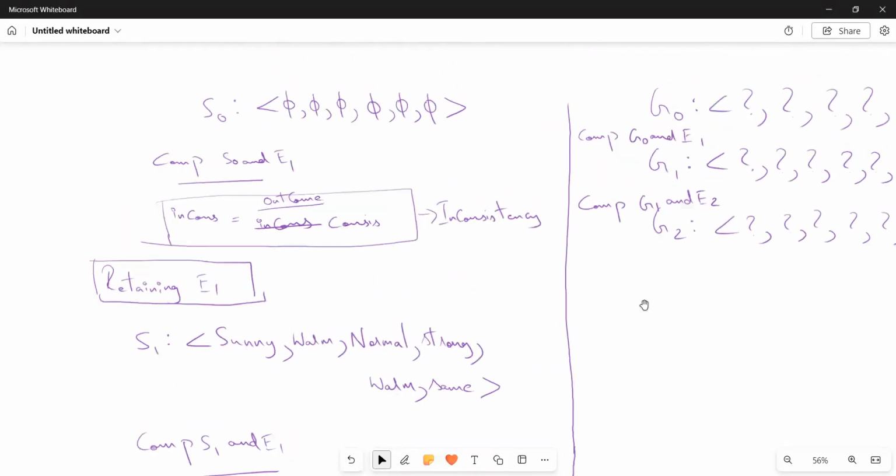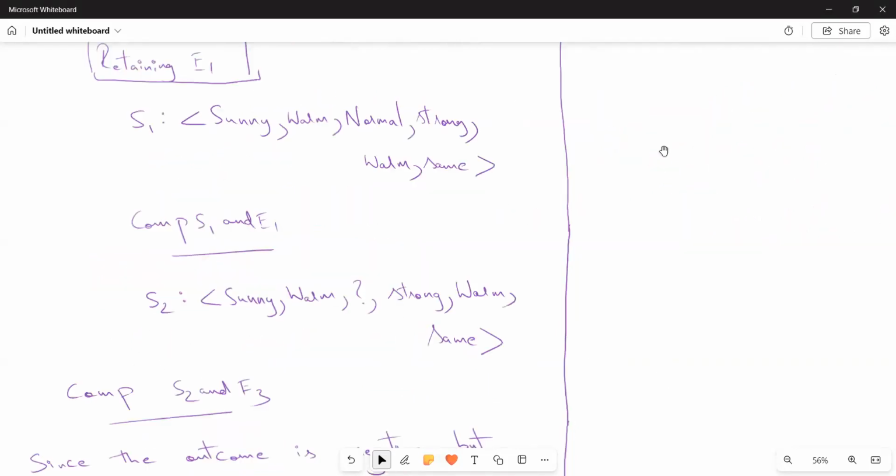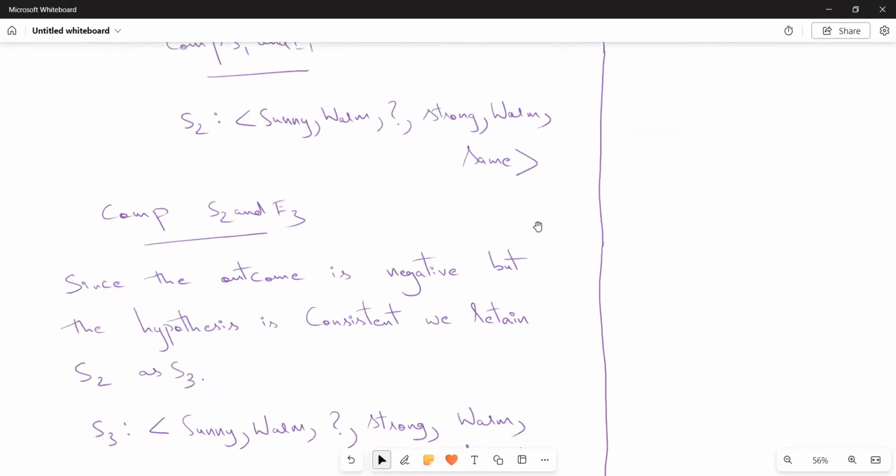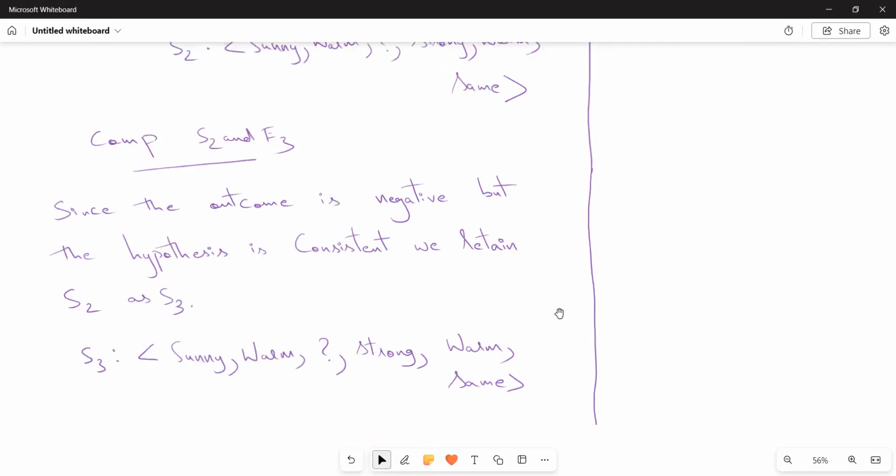Because we did not have any hypothesis. We only had the null hypothesis here, so we had to retain E1. But as you go on, you work out different hypothesis levels, so now you can retain S2 as S3.